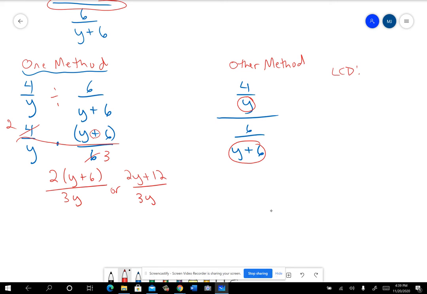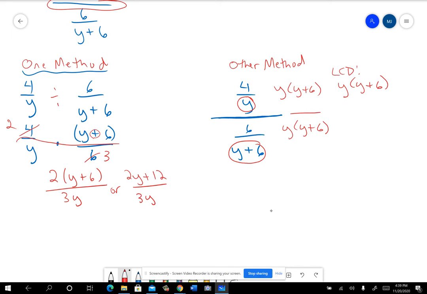So in this case, I would need both a y and a y plus 6, okay? And then because we have this fraction right here, what I can do is I can multiply down here by y times y plus 6 as long as I multiply up here by y times y plus 6.